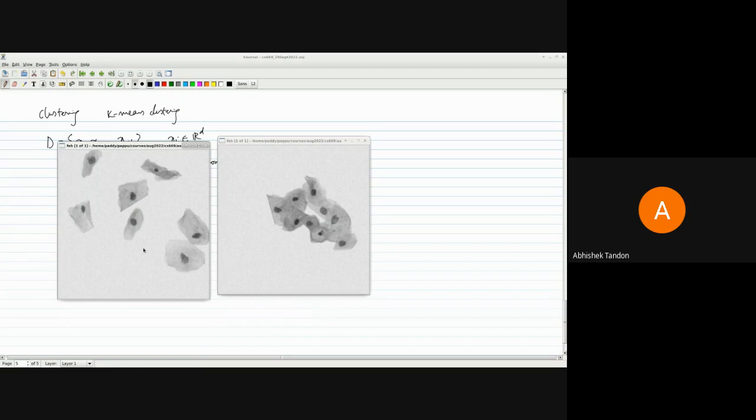The cells. Yes, this is an image of cells under the microscope, I think a cytology image. These are black and white images of cells under the microscope. If you want to cluster this image data, suppose you have lots of examples like this, what should k be? How many clusters are there?